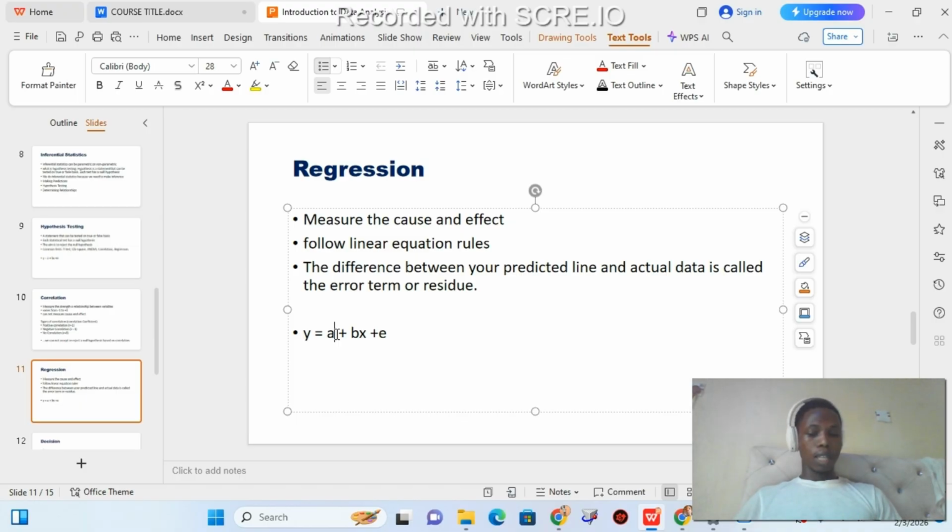So let's say we have an equation now. If x goes up, y is going to go up, and if x comes down, y is going to come down. Let us use hypothetical data to confirm what I just said.